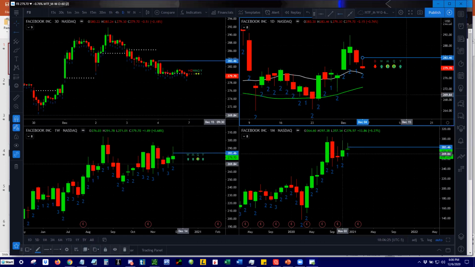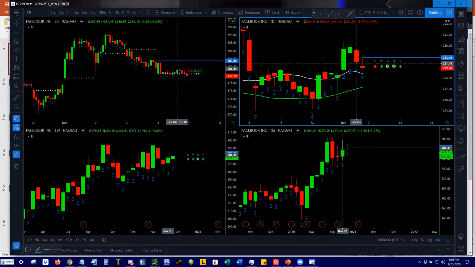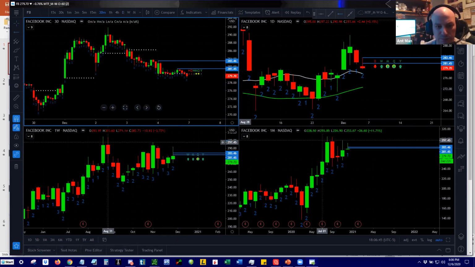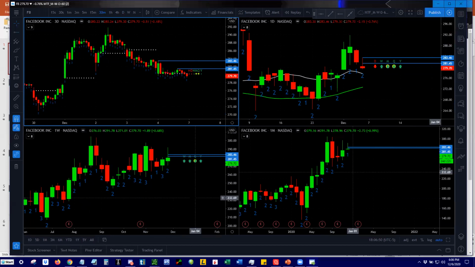And one thing I've noticed, back to the idea of gaps, let's just say that it does gap up to 283.46. Typically, we find it's going to retrace a little bit before it continues higher. I would even say here, $281.45.